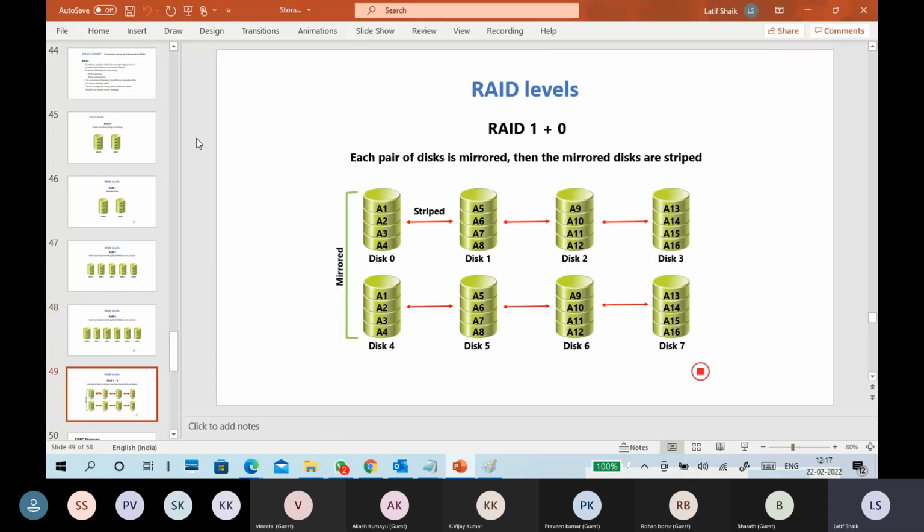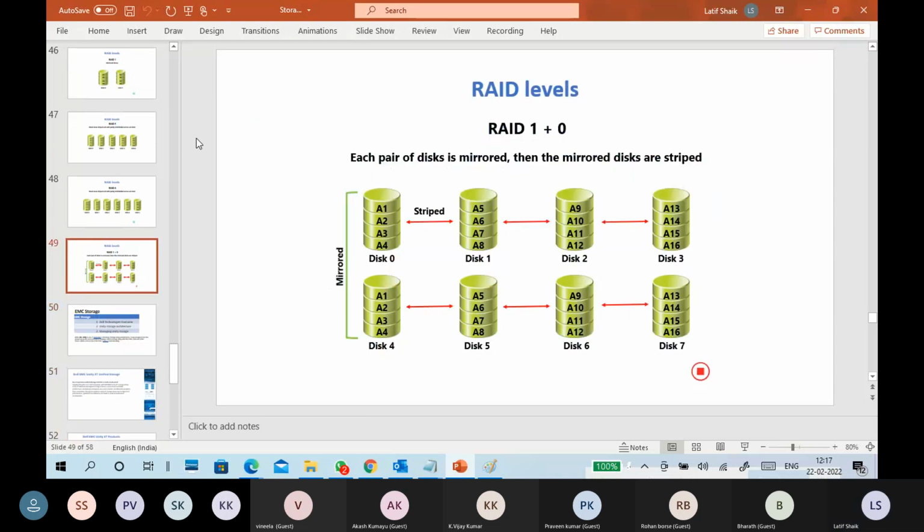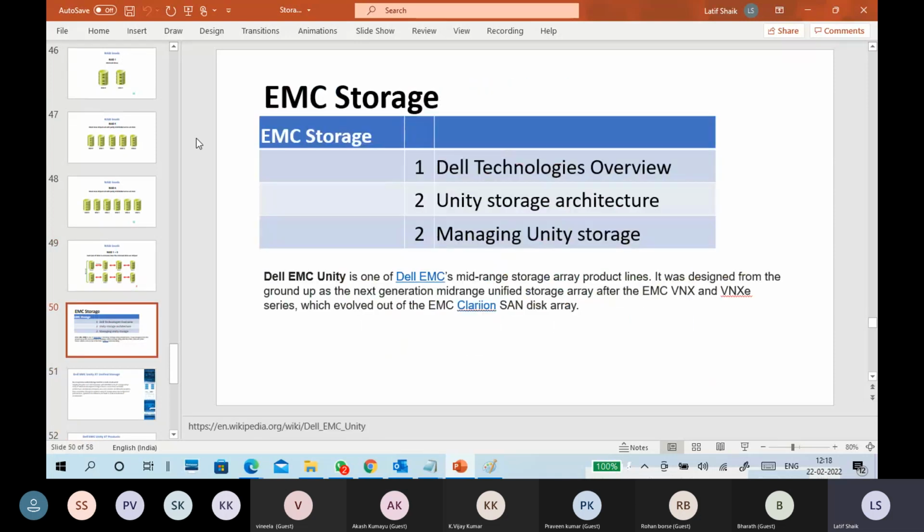Now this is RAID 1+0. You can see it is a mirror between striped volumes. One set is a stripe, the second one is also a stripe. This is a Dell technology.